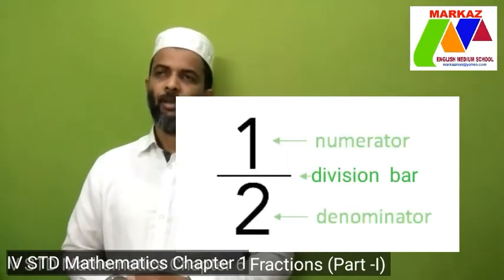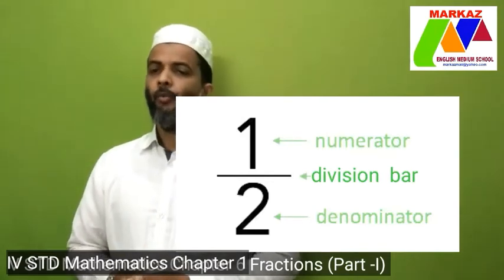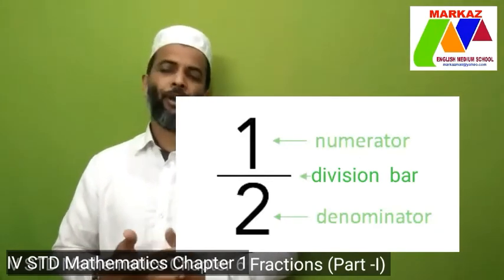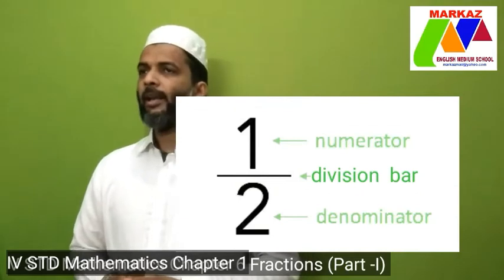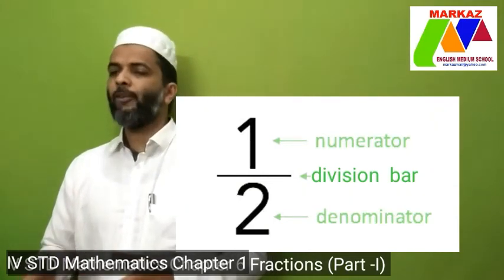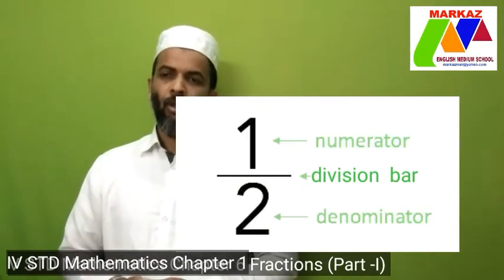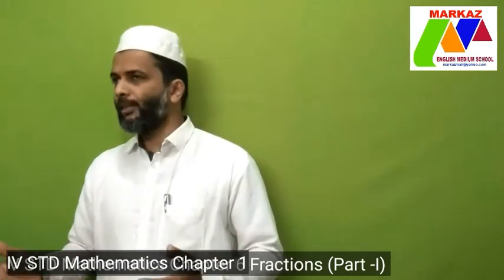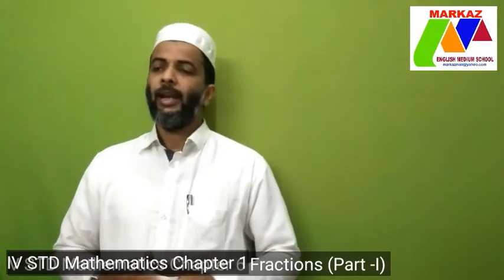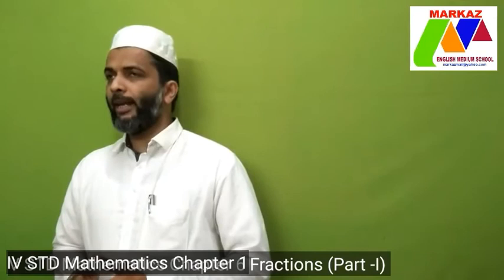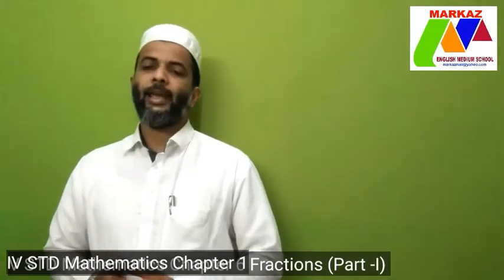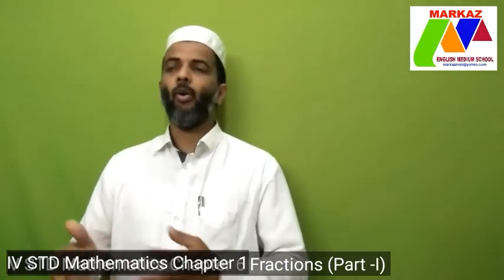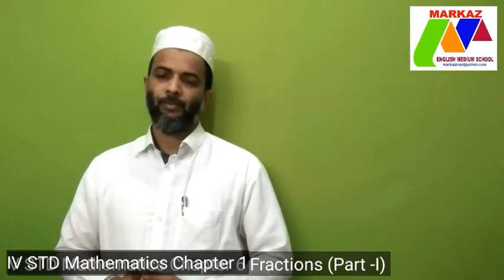Okay. Last year we have learned two types of fractions, which are like fractions and unlike fractions. When two or more fractions are given, depending on the value of their denominators, they can be termed as like or unlike fractions.